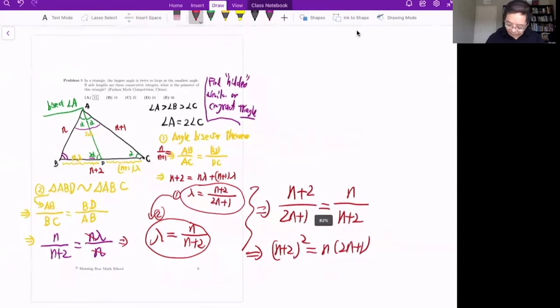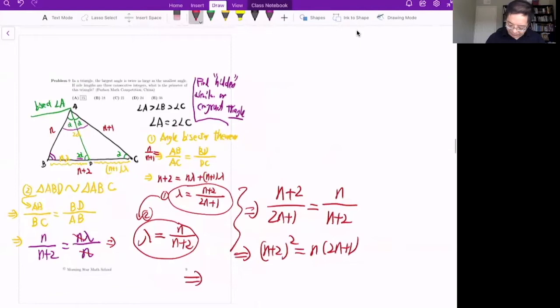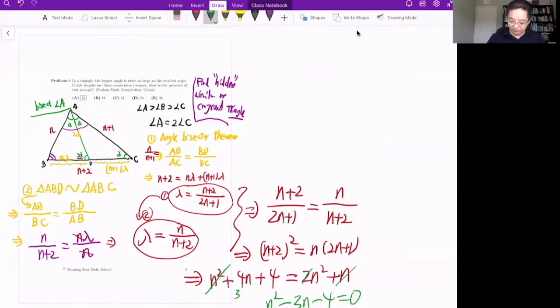Okay, let's simplify this. This is n squared plus 4n plus 4. Let's look at the right-hand side, equals 2n squared plus n, right? We cancel 1 n squared, and we cancel 1 n, this becomes 3. So I have n squared minus 3n minus 4 equals 0.